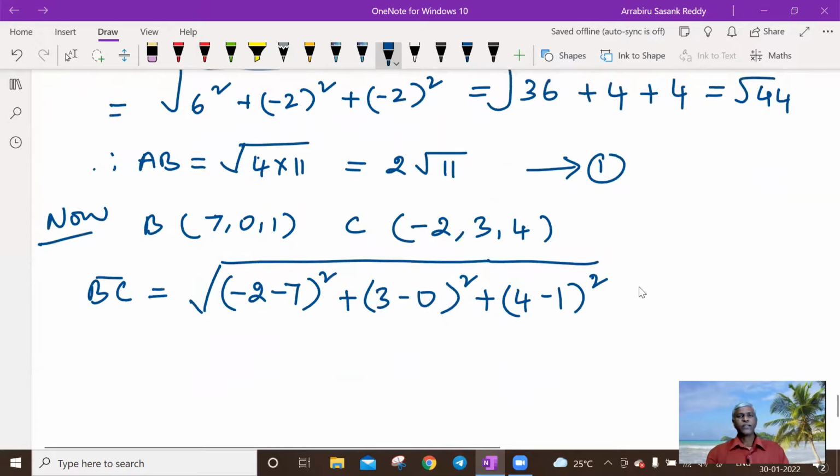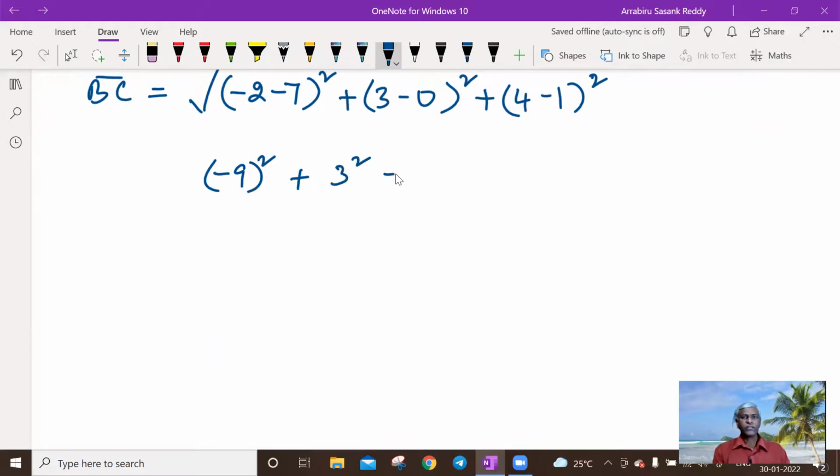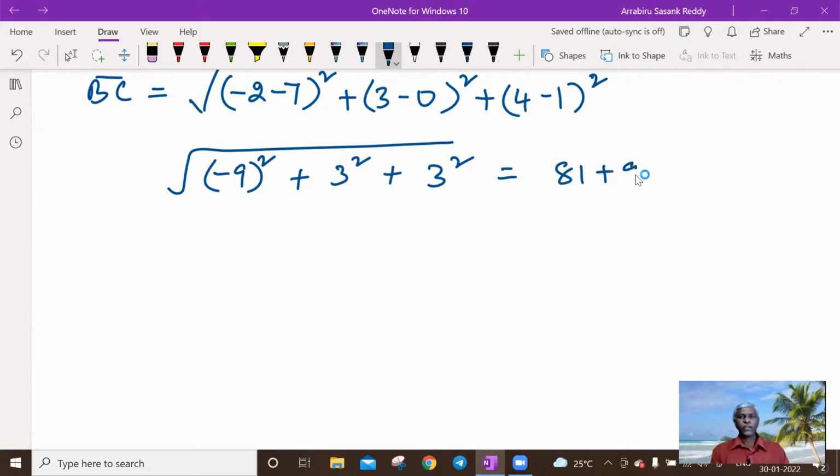Further subtracting, 2 minus 7 is minus 9, 3 square, 4 minus 1 is 3 square. 9 square is 81, 3 square is 9, 3 square is 9. 81 plus 9, 90 plus 9, 99 root.